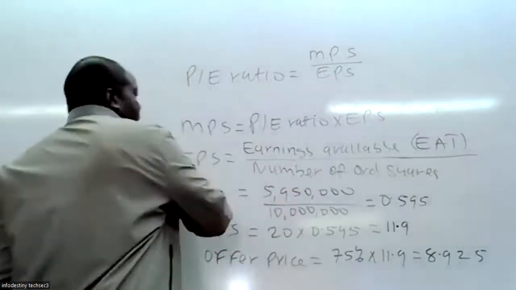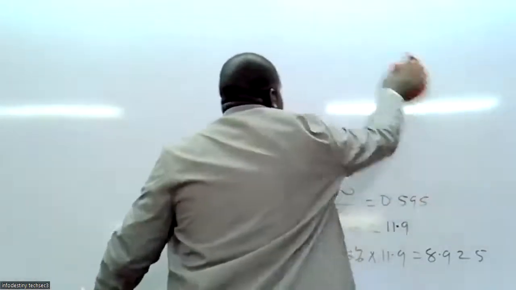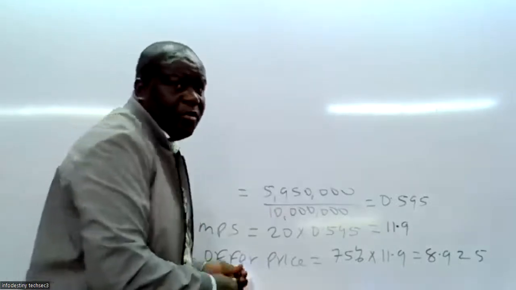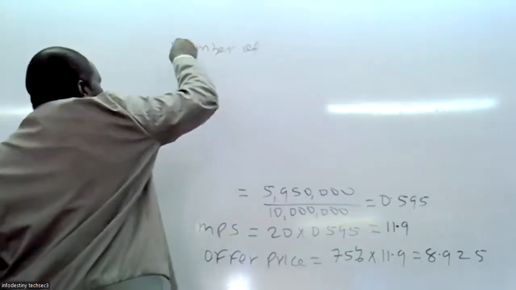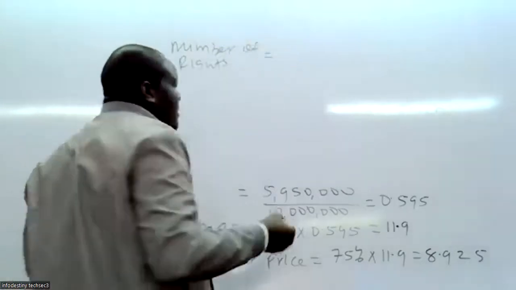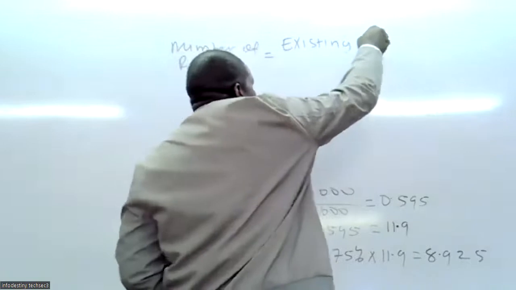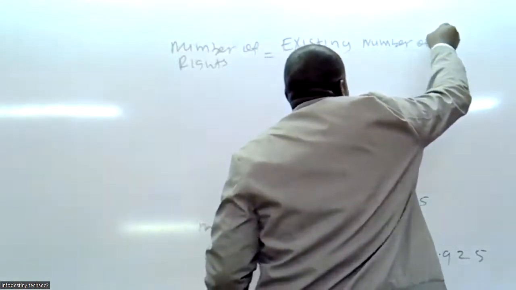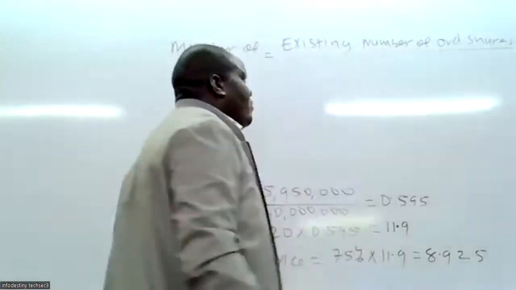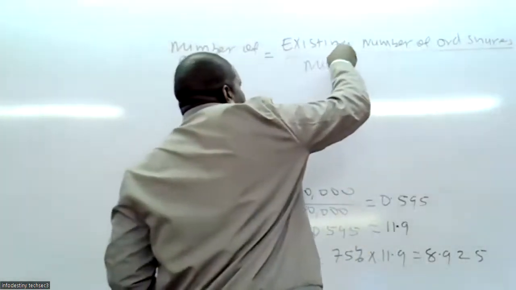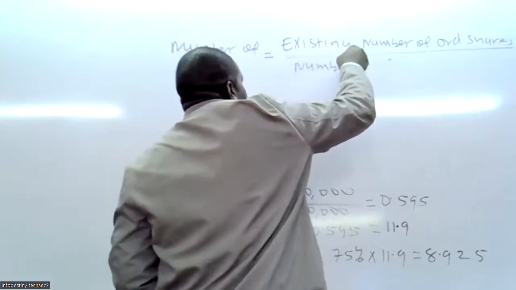To compute the new shares to be issued, remember the number of rights. The number of rights is given by the existing number of ordinary shares divided by the number of new shares issued.